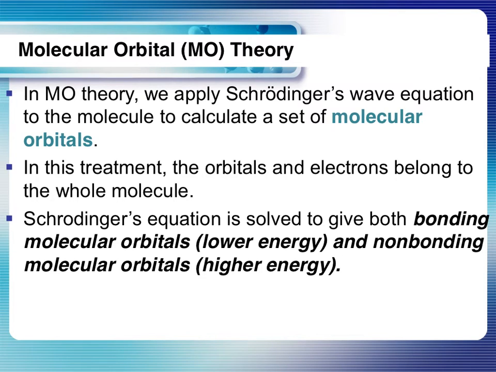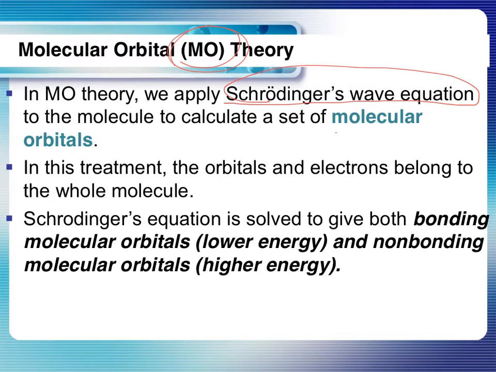All right, so just a brief little introduction to MO theory. Schrodinger's wave equations are used to solve for the molecular orbitals, just like they were used to solve for atomic orbitals. They're obviously taking a wave into account over an area of 2 atoms rather than 1.